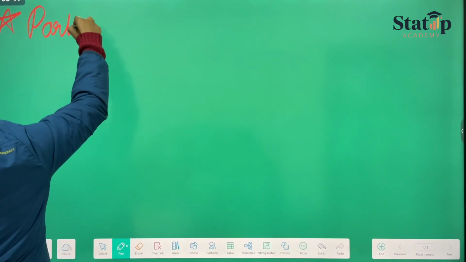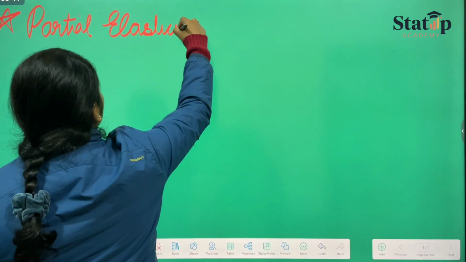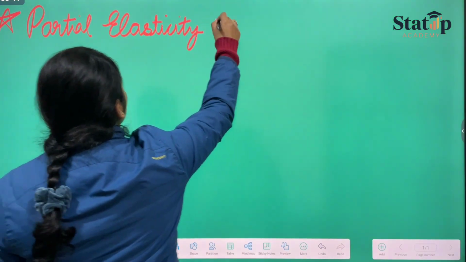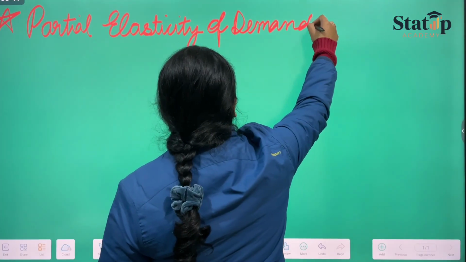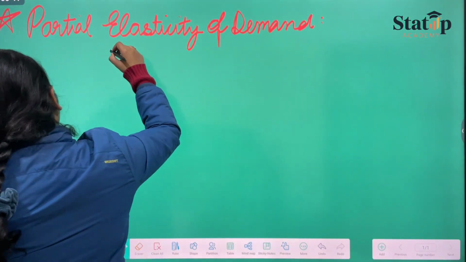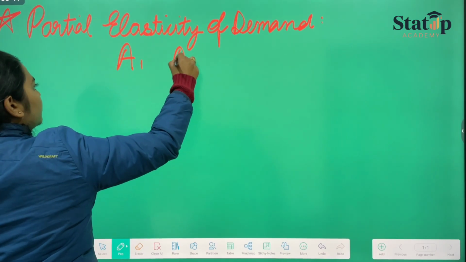Partial elasticity of demand. Suppose we have two commodities, A1 and A2.